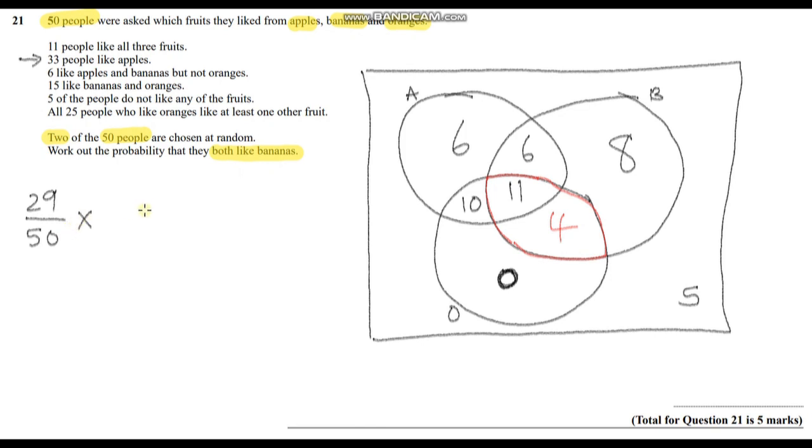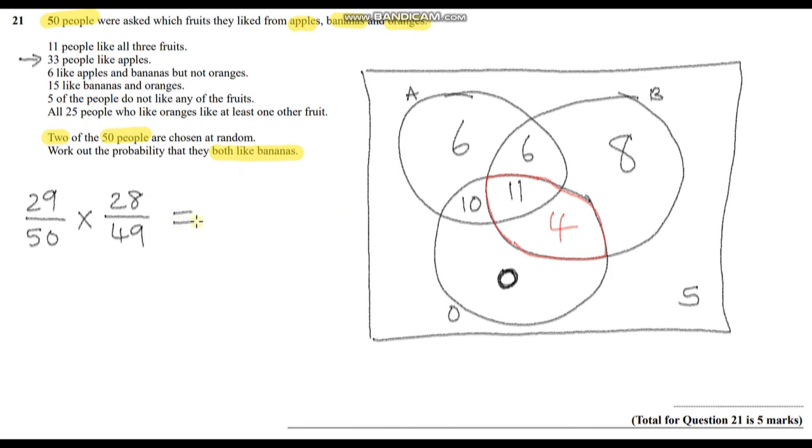But now we have to select another person that likes bananas. So the denominator is now going to be 49 because we're now removing one person. And then the numerator is now going to be 28 because, again, we're selecting 2 people who like bananas. So the first person likes bananas. So now there's only 28 people left who like bananas. And we can just put this into a calculator.